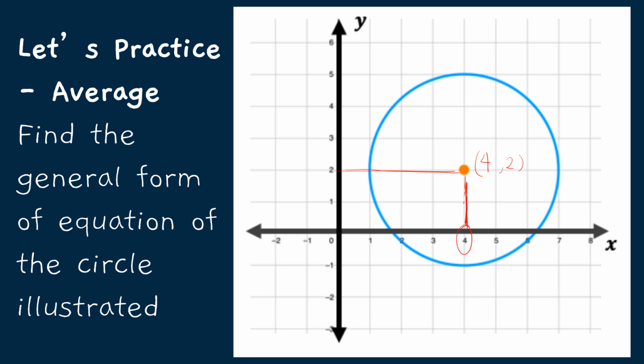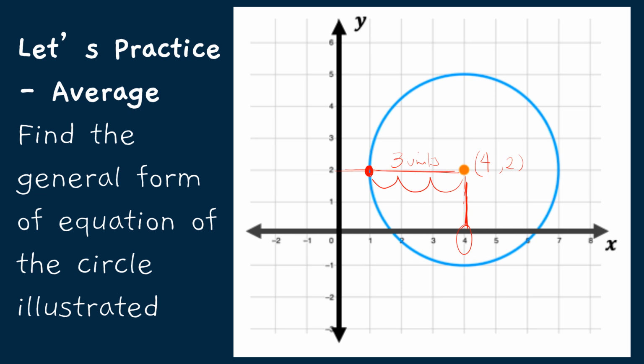And by simply counting the units from the center to the edge of our circle, we can identify the radius by counting 1, 2, 3 units. No need to solve for the distance formula. No need to solve for other parts of the circle.